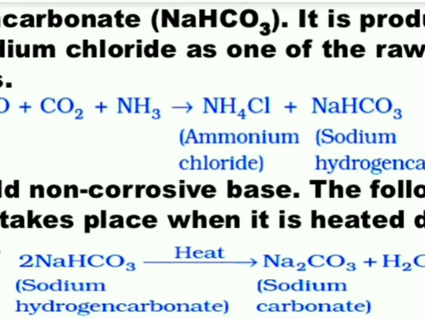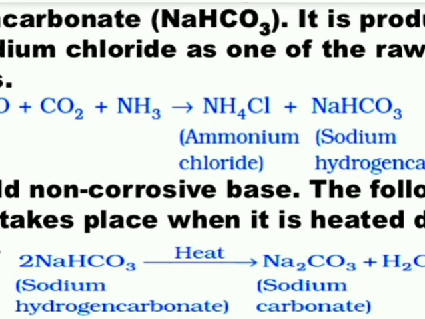Okay, you must have seen that whenever any baking material is made, for example cake, bread, all these, they are very fluffy, isn't it? Soft and fluffy. So what is the reason behind it?